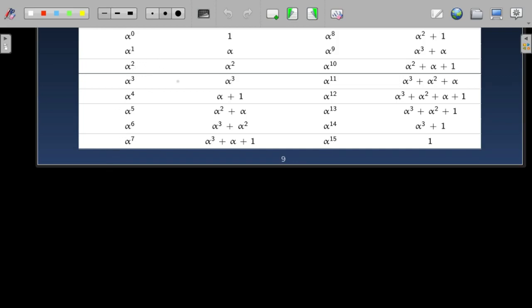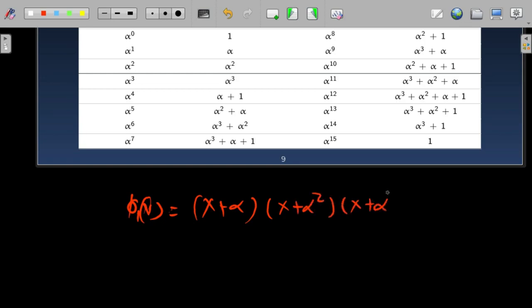Phi 1 of x will be equal to x plus alpha, into x plus alpha square, into x plus alpha to the power 4, and x plus alpha to the power 8, as these are conjugates.